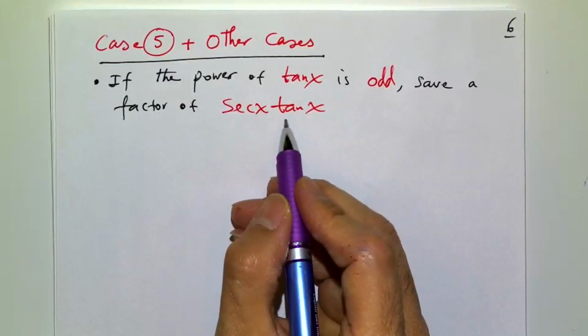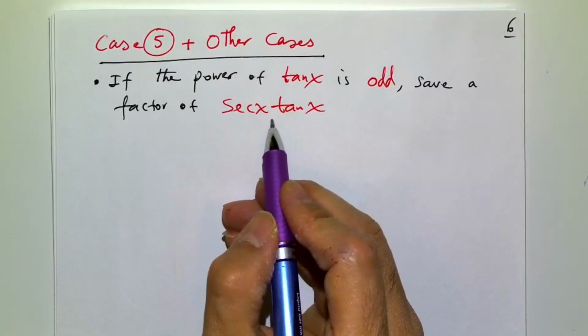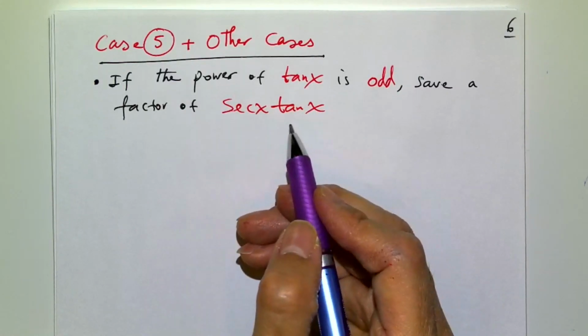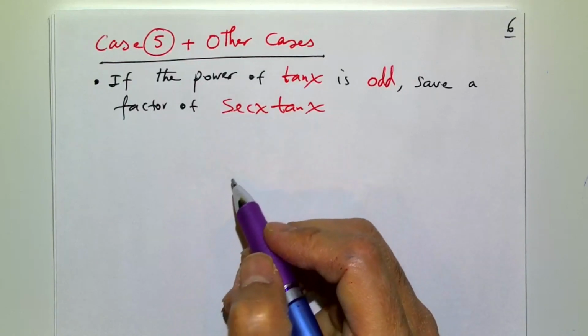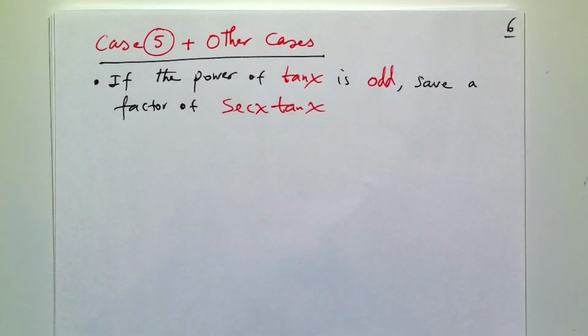Remember what this is? This is the derivative of secant x. Take the derivative of secant x, you get secant x tangent x.